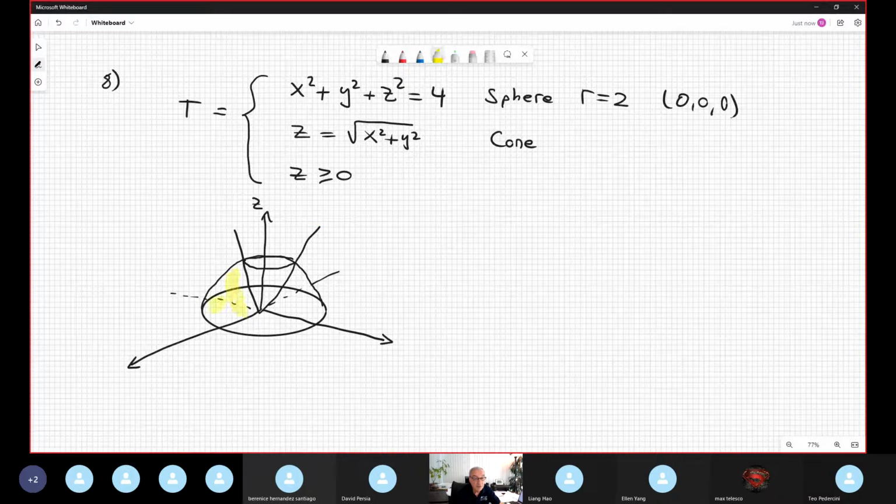Within a sphere and below the cone. Not the traditional ice cream that we are doing in the class. No, it is this solid. Of course, that part is included, but see, I highlight this, I don't see very well. So this is the roughly 3D picture.